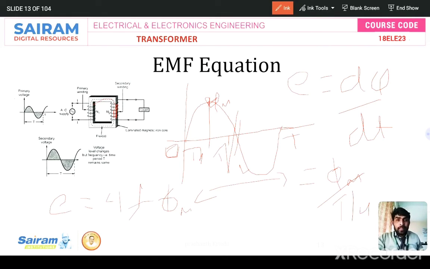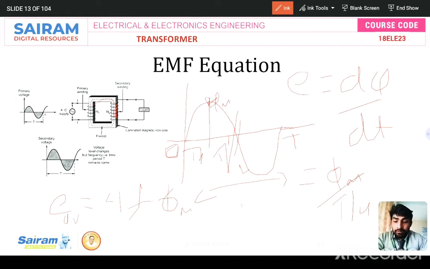What about the form factor formula? Form factor is RMS value by average value, right? RMS value by average value is 1.11. So I'll take just the RMS value over here, and this is the average value, okay? So E average is this one, right?